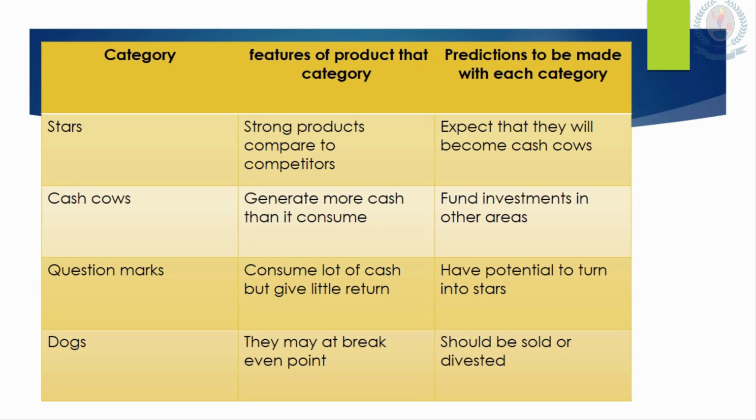In cash cows, we can identify that these products are generating more cash than they consume. What is the meaning of that? It means that for the amount we invest in that product category, we gain more cash.